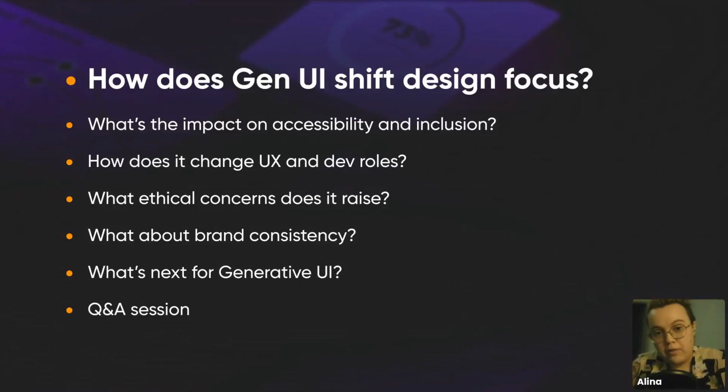Then we'll talk about its impact on accessibility and inclusion, how it changes UX and development roles, the ethical concerns it raises, obviously, since it's AI, brand consistency and how it challenges product teams, what's next for generative UI, and obviously, we will have a Q&A session.